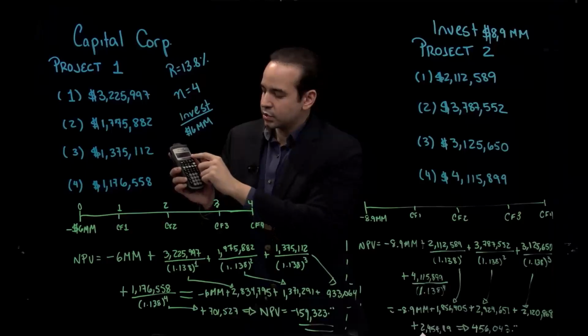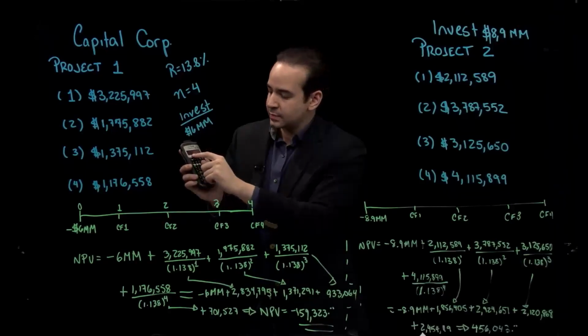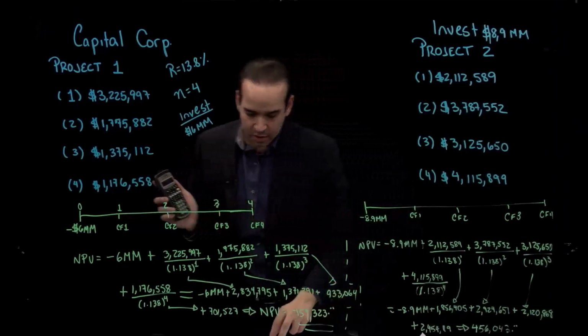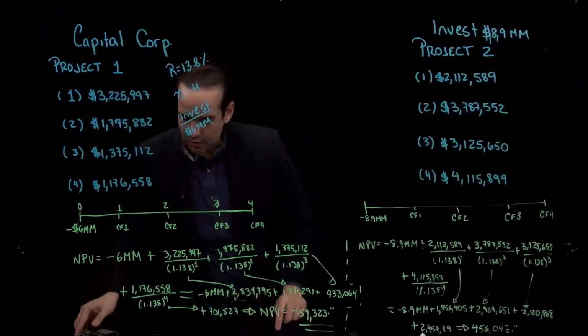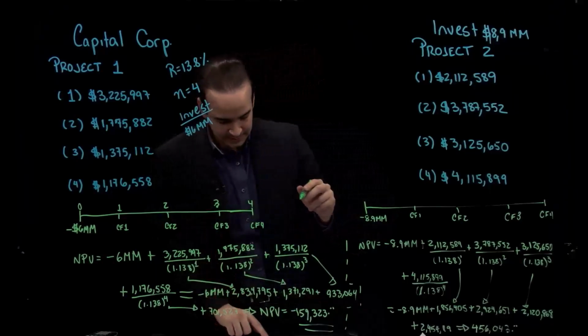Now, it's going to show IRR, and it's going to show 0. At this point, we just press compute, and we get the IRR, which in the case of project 1 is equal to 12.22%. Okay.